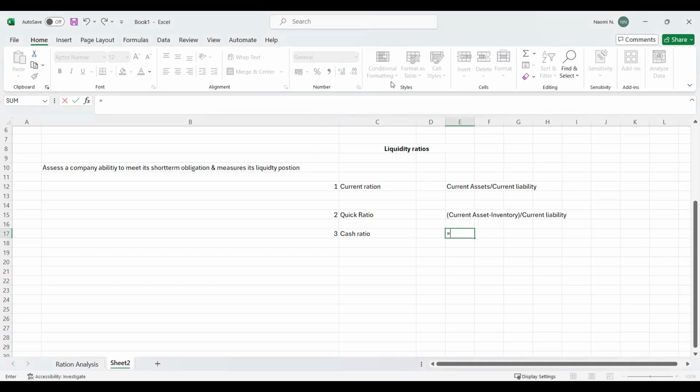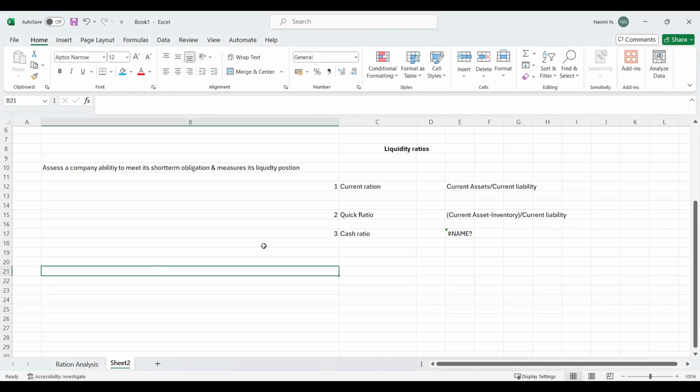So we have cash and cash equivalents, divided by current liabilities.